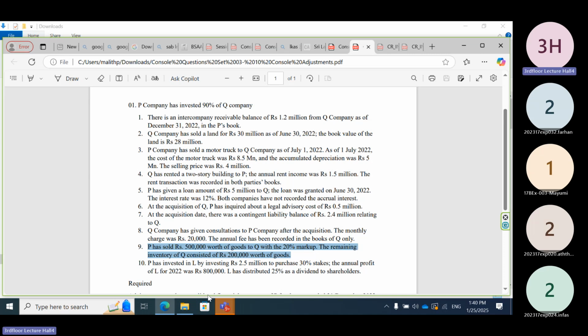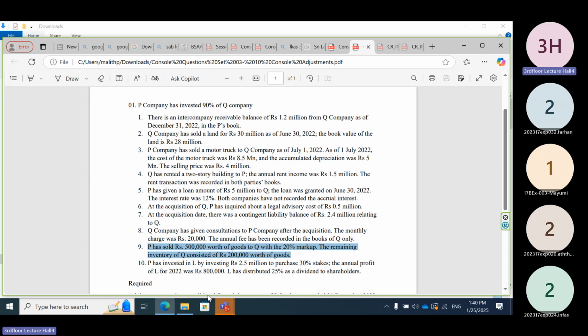What's the entry? Inventory credit 32,000. Whose inventory? Q's inventory credit 32,000, right? And then P's profit debit 32,000.